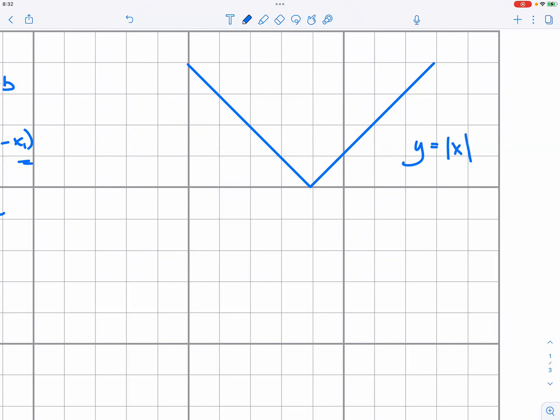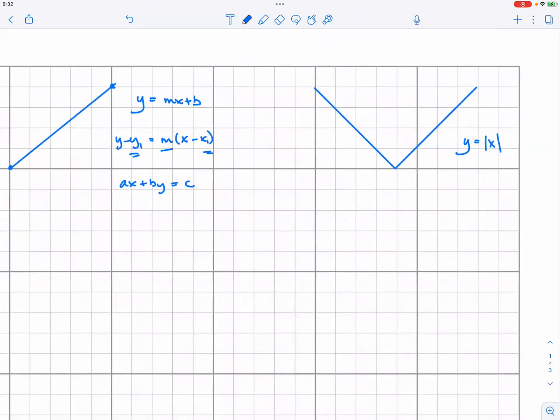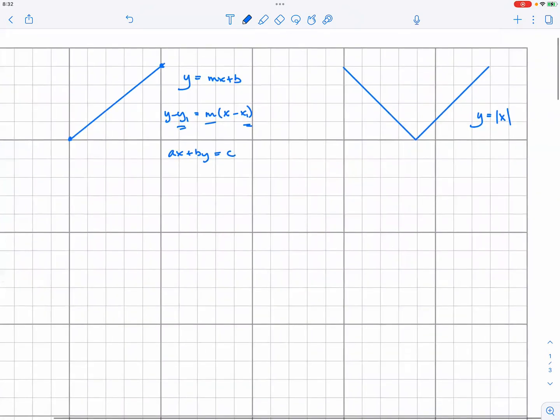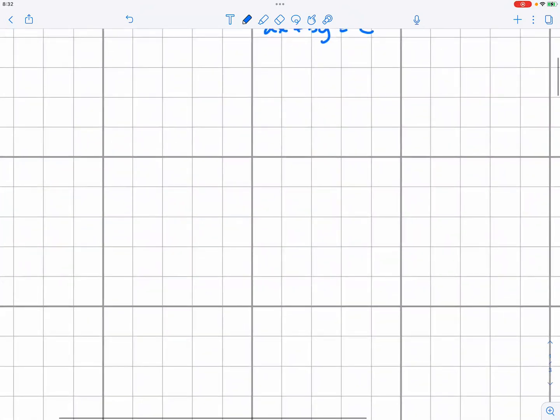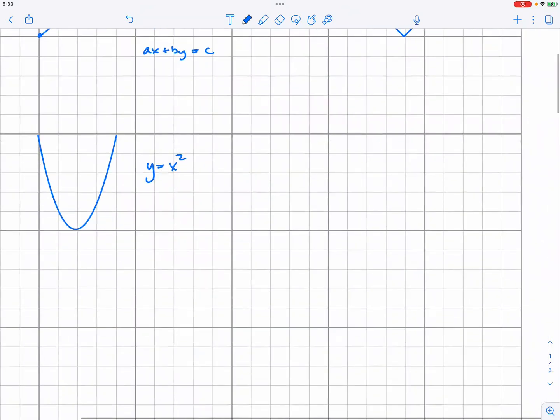All right, absolute value. So you gotta remember the name, register the shape of it, and I believe everybody should have a good time with the naming of this graph. What is this? Quadratic, right? This is this, right?